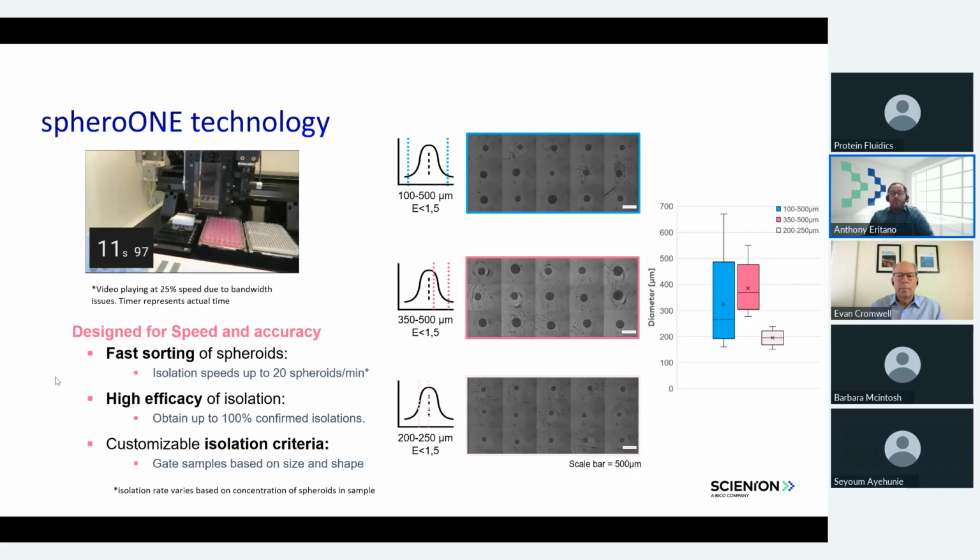And if we look at some data from our colleagues in Lyon, we can see that when we have a very broad gating system, collecting 100 to 500 microns, we can see an array of sizes of spheroids that were isolated. But then we can gate the size to between 350 and 500, and we can see a uniform sample of spheroids isolated. And same thing when we look at the lower end between 200 and 250 microns. Next slide.